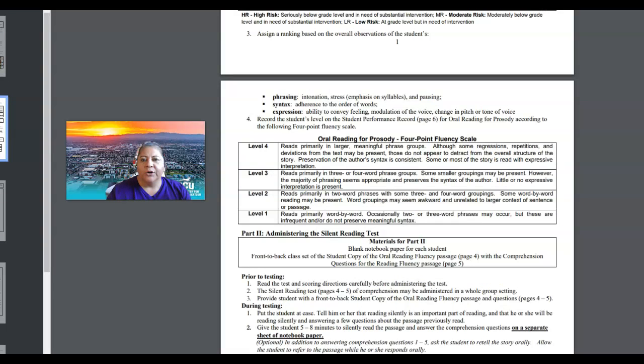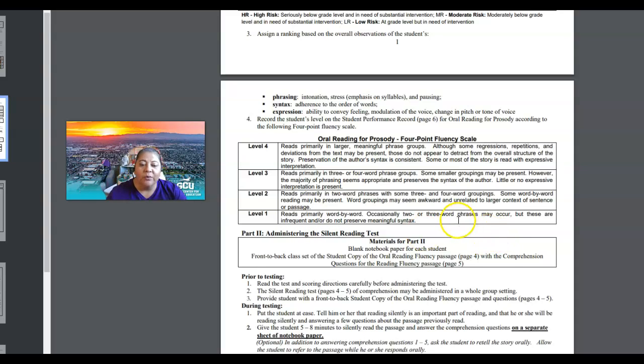Here we have another rubric, oral reading for prosody, and this is a 4-point rubric. This one is really focused on older students. So you can see, at level 1, they would get a 1 if they're reading primarily word by word.